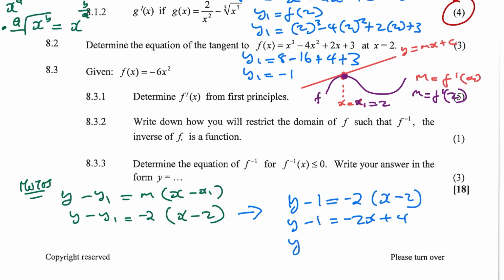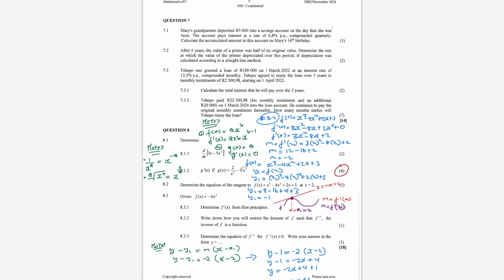Okay, and then let's take the negative 1 to the side, it's going to be negative 2x plus 4 plus 1. So y is equal to negative 2x plus 5. And that is your answer. This is the equation of a tangent that is passing through this particular cubic function when x is equal to 2. So that's basically how you do this question.